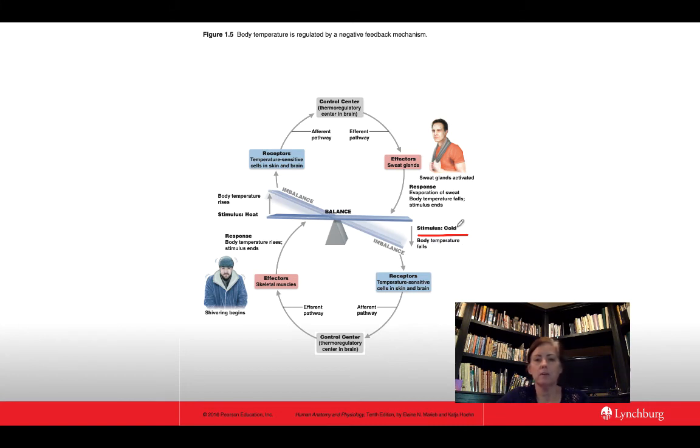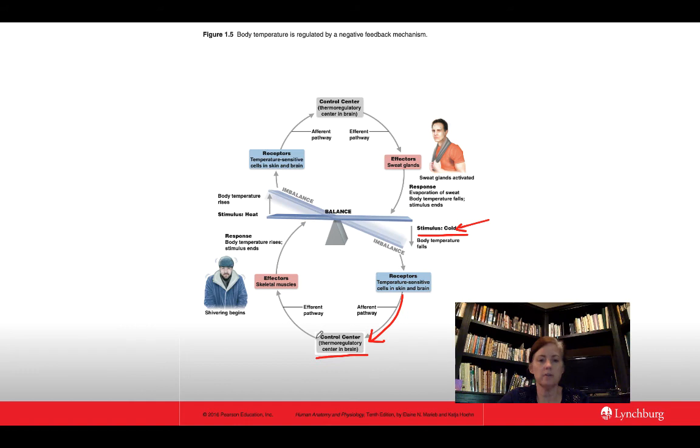So our stimulus is cold, and it causes our body temperature to decrease. Receptors are going to detect that decrease in our body temperature and convey that information along our afferent pathway to the control center. In this case, that's going to be an area of your brain that's responsible for regulating body temperature.